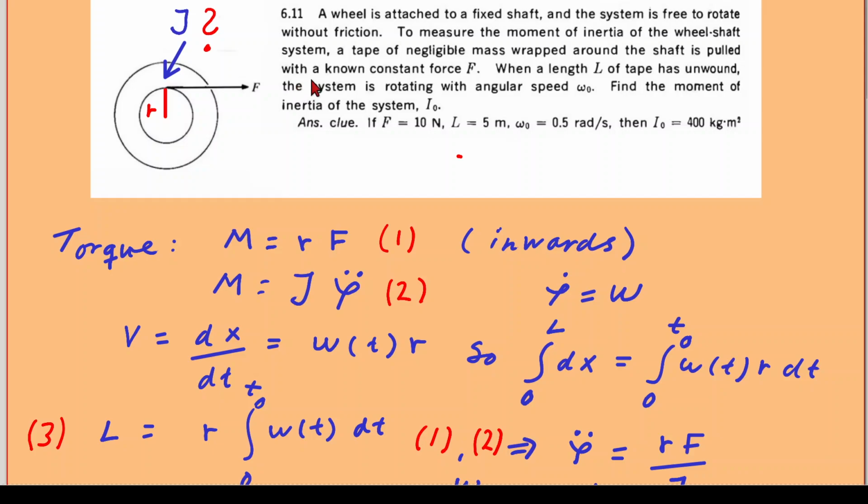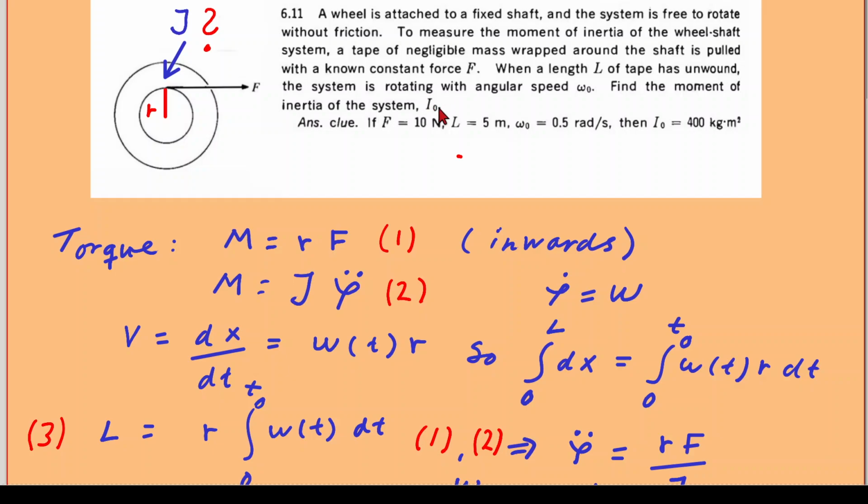And when we have spun up a length L, so we start at 0, and then the tape is wound up to a length L, capital L, the system is rotating with the angular speed omega naught. And find the moment of inertia.